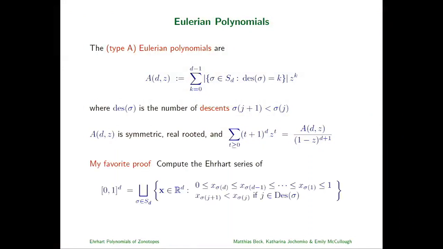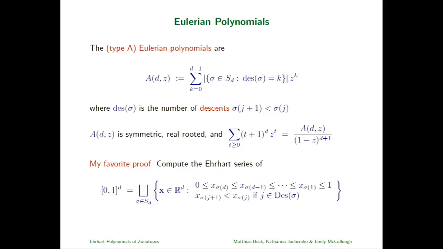Let me show you maybe 3 more things. Let me show you my favorite way of viewing this identity over here. Why do these Eulerian polynomials show up in this geometric world? The reason is that there's a very natural triangulation of the unit cube.